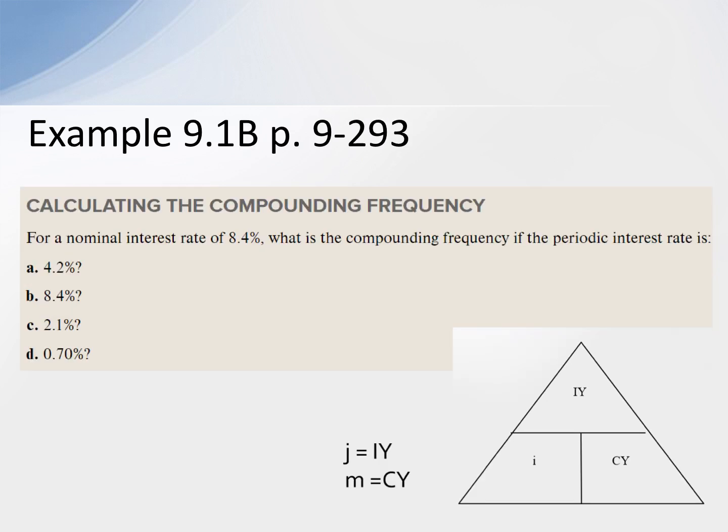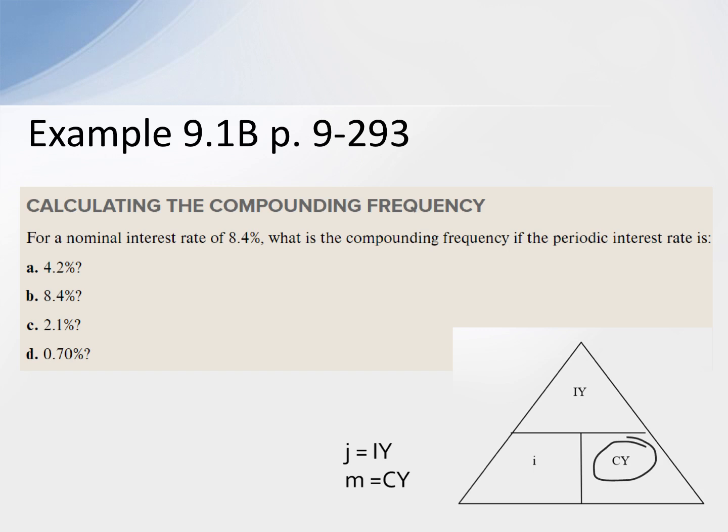Here, using the same formula relationship, instead we're asked to find the compounding frequency, so the number of times per year interest is calculated and deposited, and that is called our CY, compounds per year.